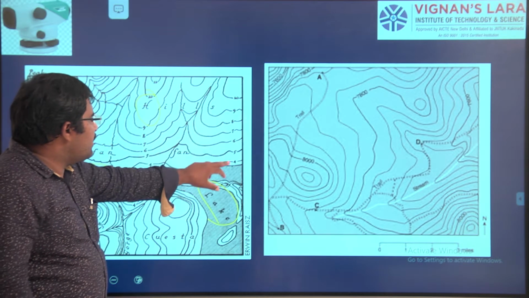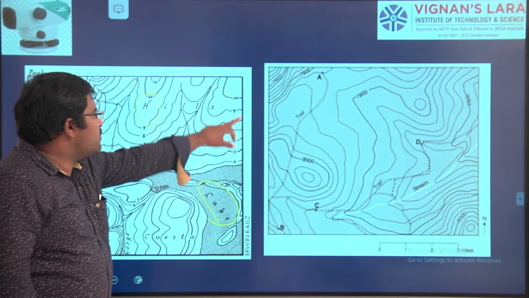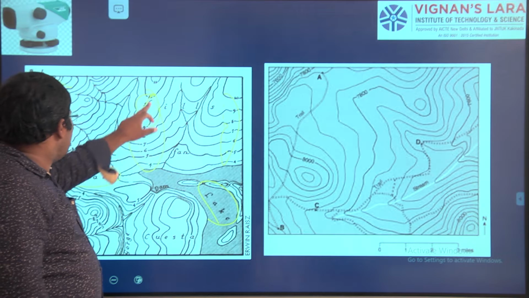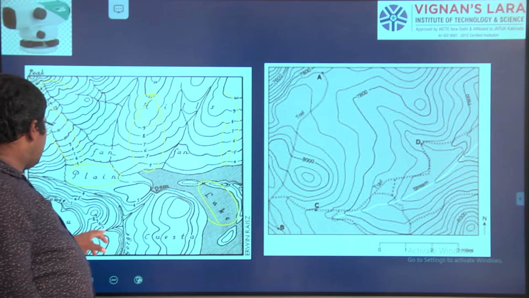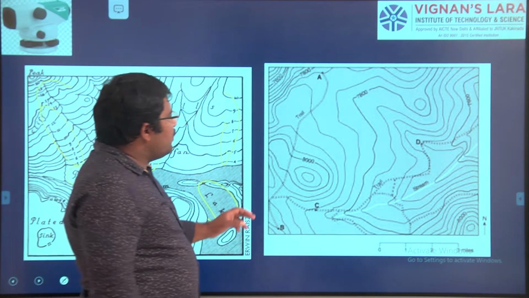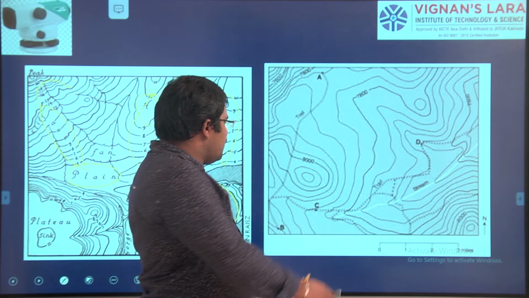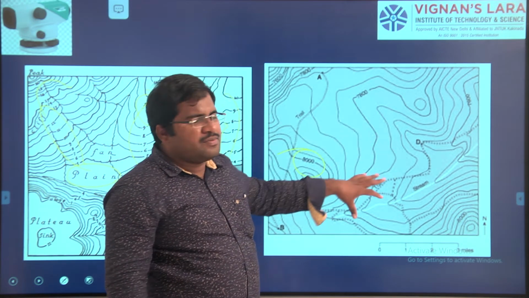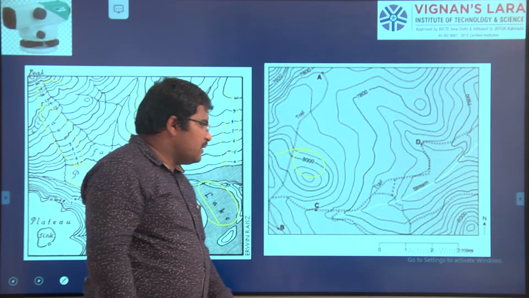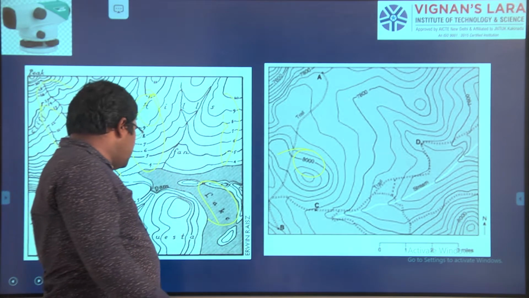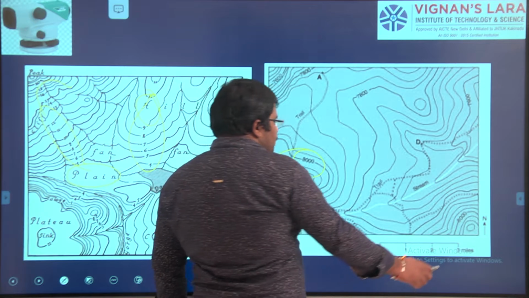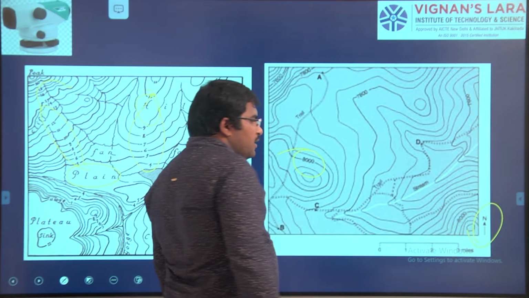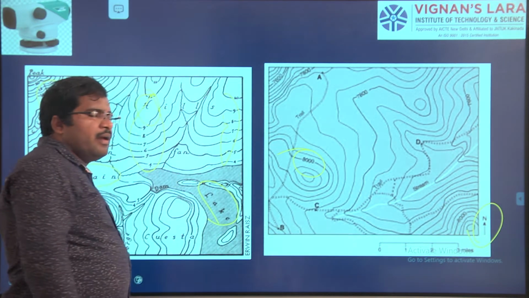This is one hill, this is another hill, and here we have another hill. Like this we have hills here. Now you can see here he also gave 5000 on one line. So normally a contour map is going to look like this, right? We know that on every map we show the north direction with an arrow mark.